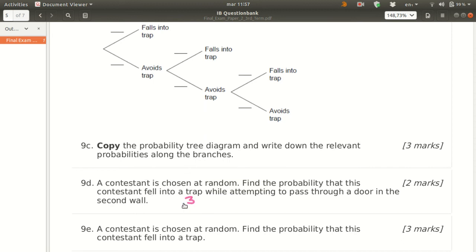If he passed it, the first probability is 3/4, and then he fell into a trap in the second wall. 3 times 2 is 6, and 5 times 4 is 20. So 6 divided by 2 is 3/10. He needs to make it past the first wall, that's the first probability, and then he needs to fall in the second wall.